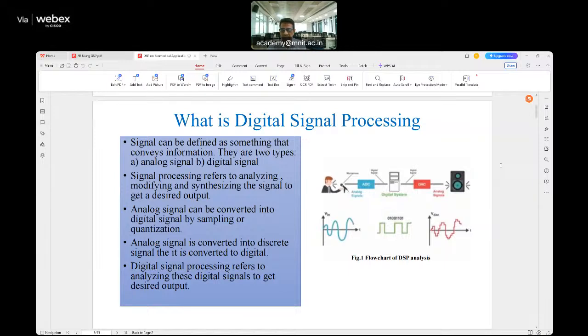Krishna is answering: analysis is when some information signal is available and we are extracting the information out of it.